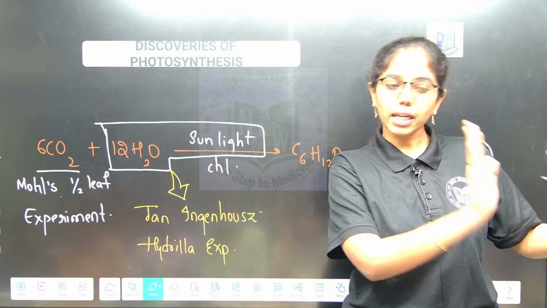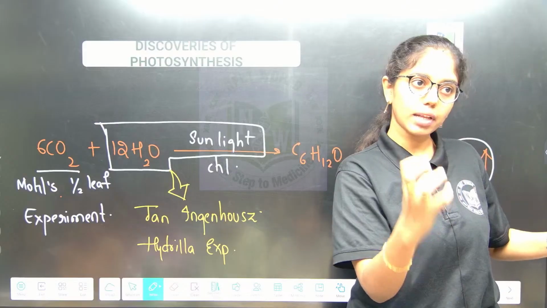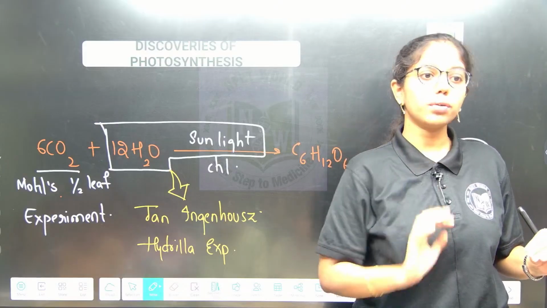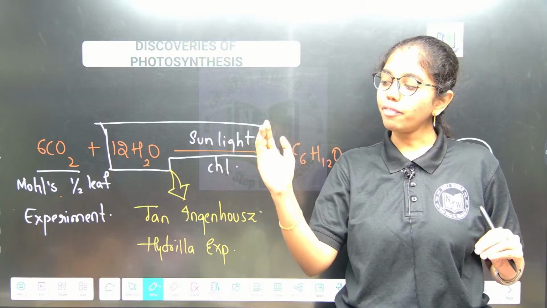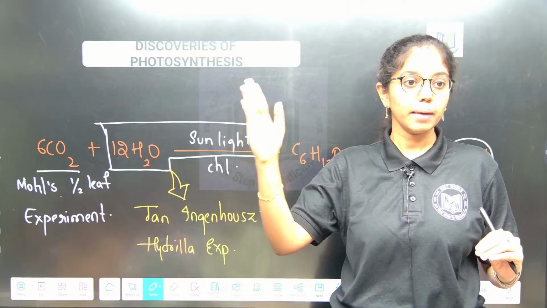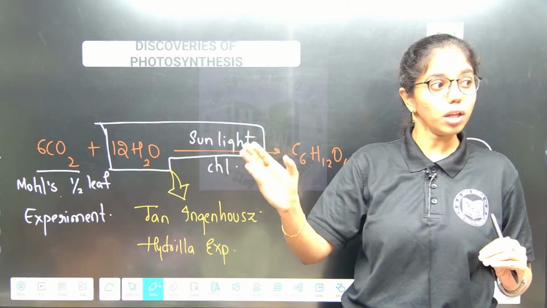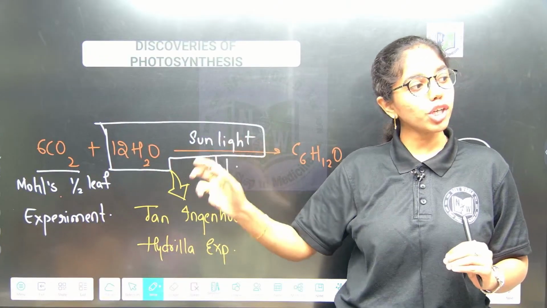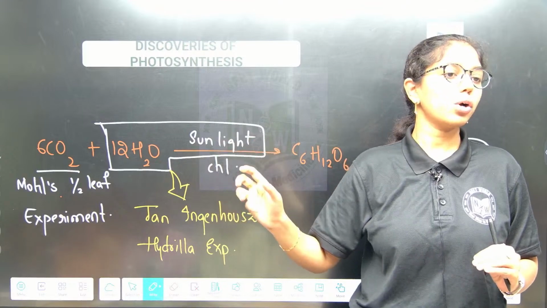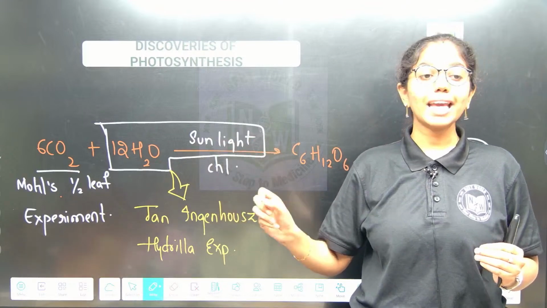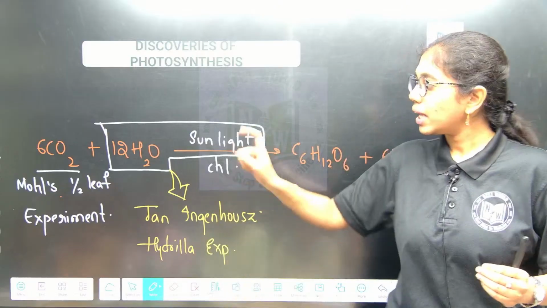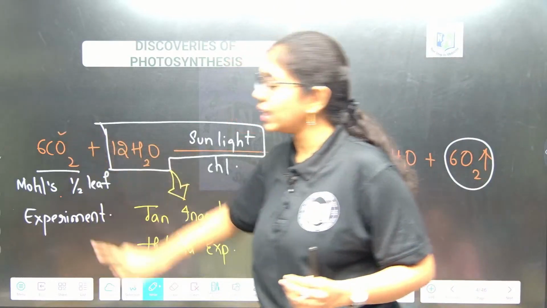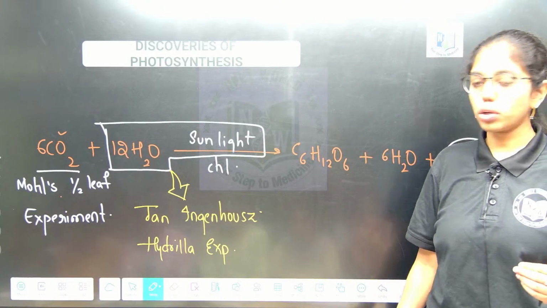That plant is set under sunlight, with half of the leaf in KOH for around 1 to 2 hours, and then the leaf is plucked and tested for starch. The half leaf which is exposed to sunlight prepared sugars and showed blue color. The half leaf which was in the KOH solution showed a pale color, indicating the absence of glucose, indicating the absence of photosynthesis. That is how it is said that carbon dioxide is essential for the process of photosynthesis.